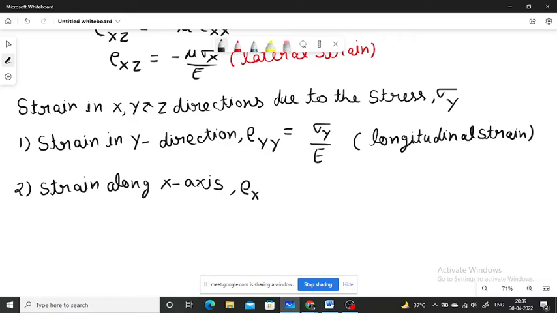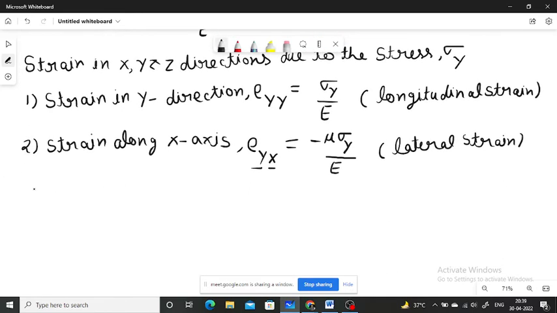So the lateral strain will be Eyx, strain due to the stress sigma y in x direction, which will be equal to minus the Poisson's ratio multiplied by the longitudinal strain, which is sigma y by E. This is lateral strain.